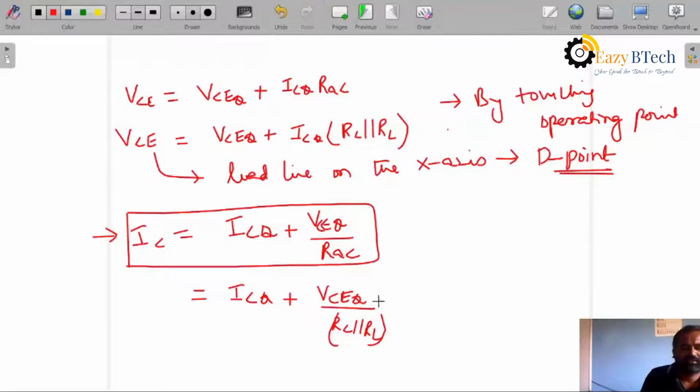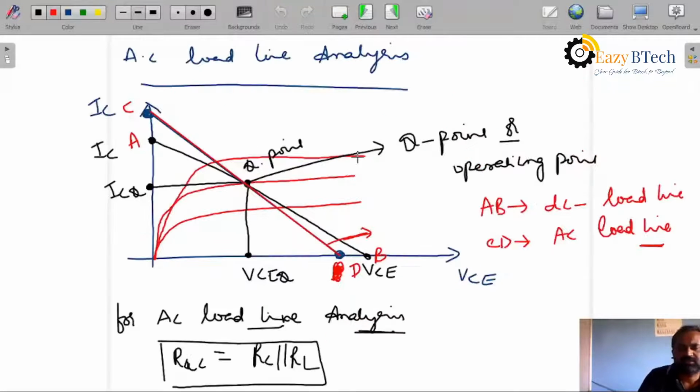This point is on the y-axis, which you can see in the previous figure.